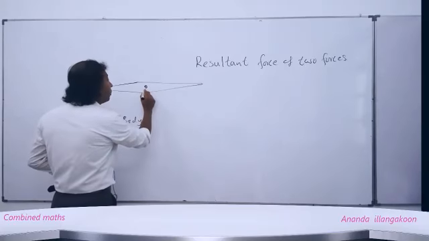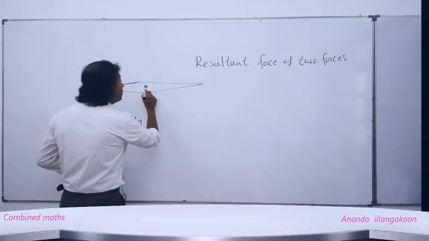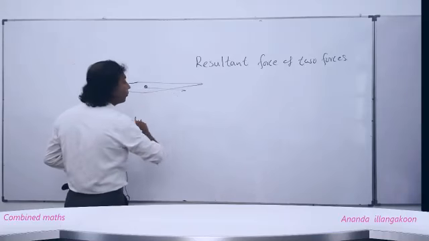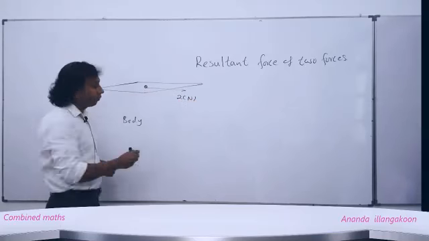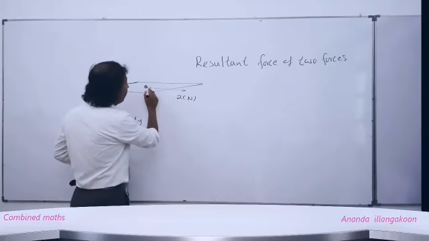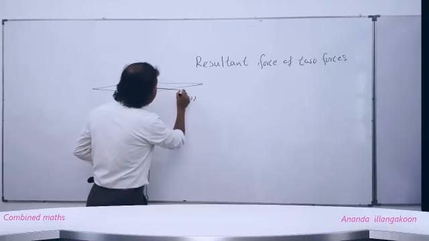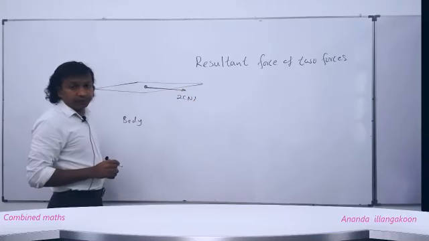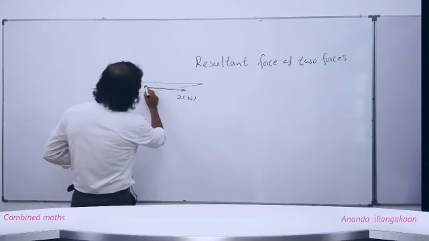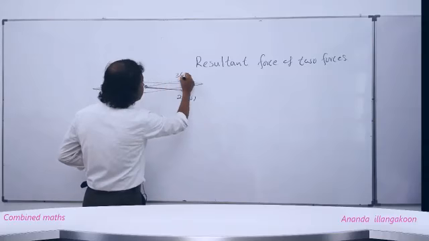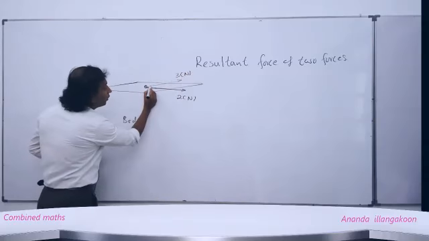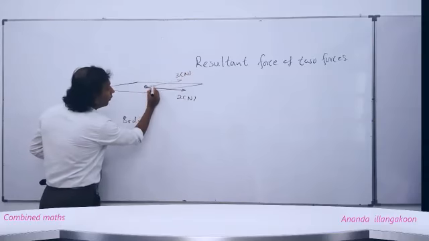One force we apply in this direction. Suppose this force is 2 Newton. The other force is perpendicular to it, like this, another, suppose 3 Newton force. The angle between these two forces, people, is 90.